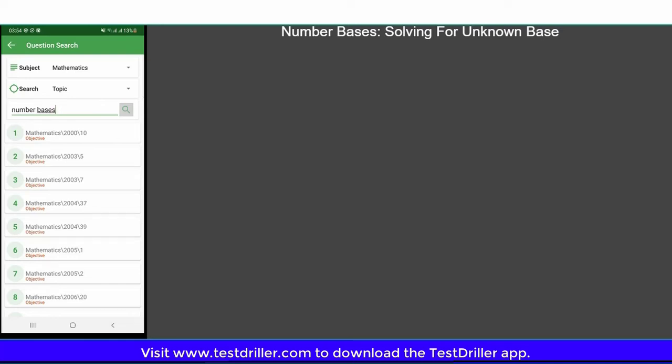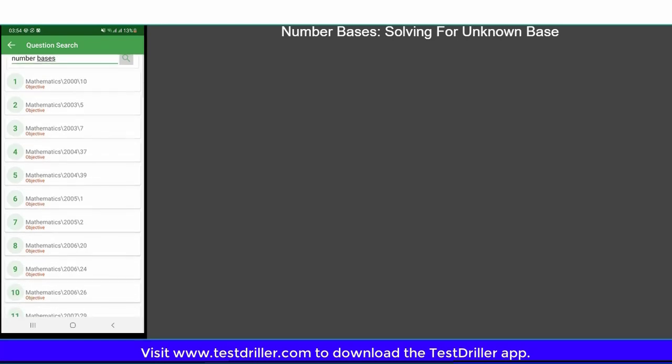I'm going to tackle this problem by exploring past questions from both JAMB UTME and WAEC. So let's start from JAMB UTME past question. I'm going to take question number 1 from year 2005.